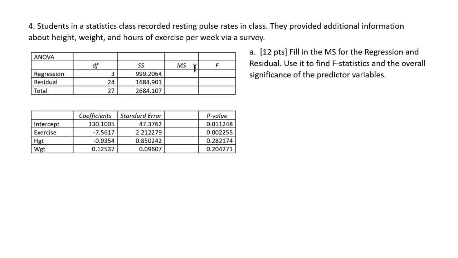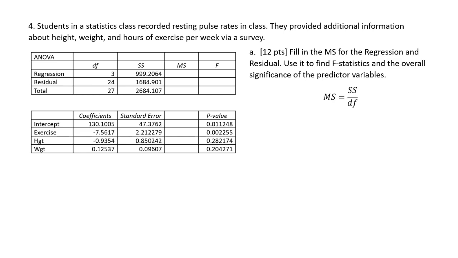And MS is the mean sum of squares, or mean squares. And the formula for MS is simply you divide the sum of squares by its degrees of freedom. So this divided by 3 will give you the MS for regression. This divided by 24 will give you the MS for the residual.